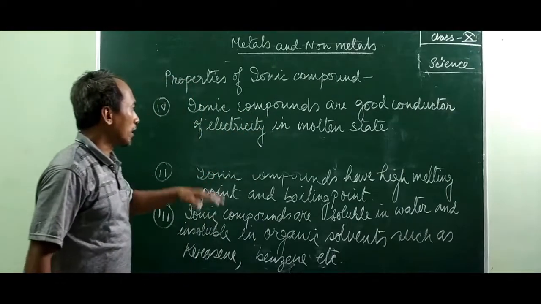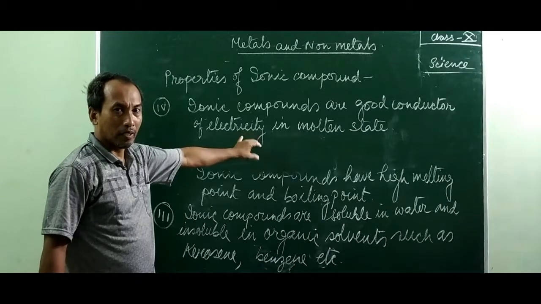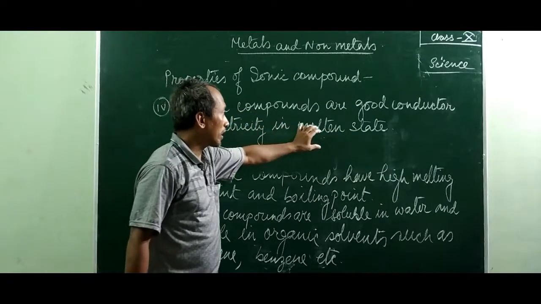So ionic compounds are not good conductors of electricity in solid state. They are not good conductors in solid state, but they are good conductors in molten state.